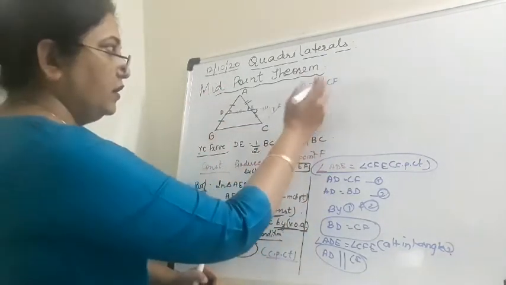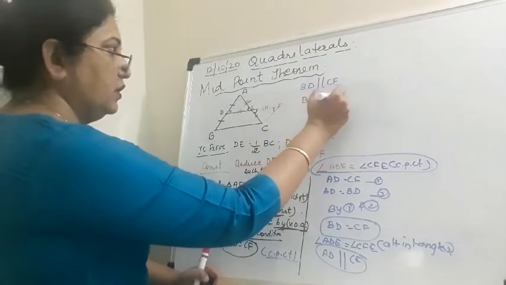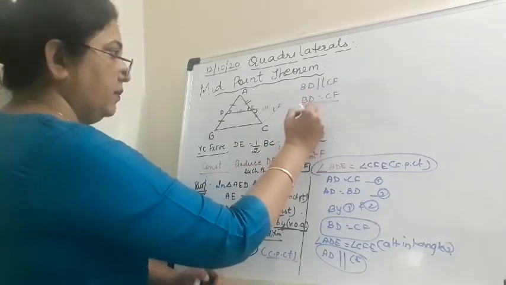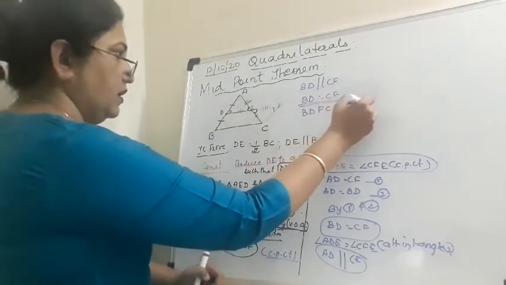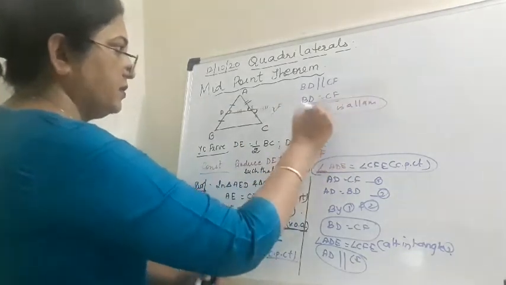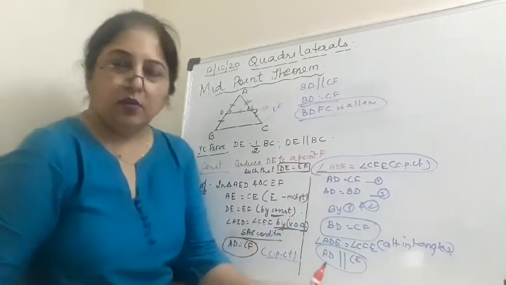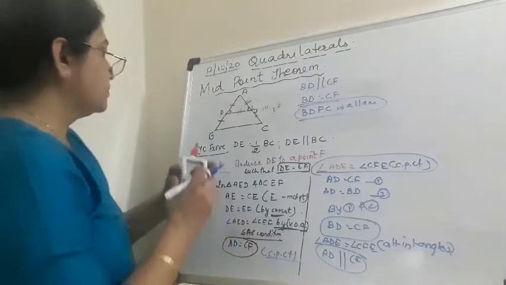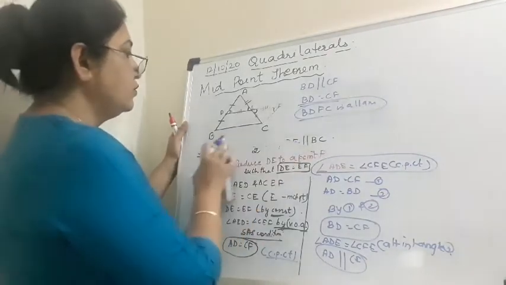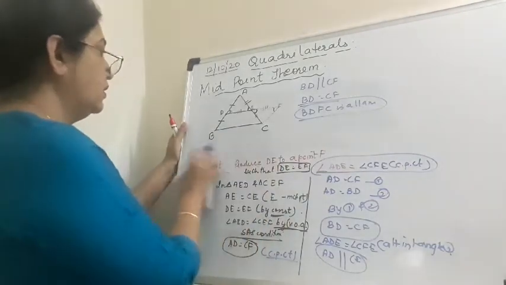Now BD is parallel to CF, BD is equal to CF, therefore what? BDFC is a parallelogram. What is a special property of the parallelogram? That opposite sides are equal and parallel. So therefore, which two sides will be parallel now?